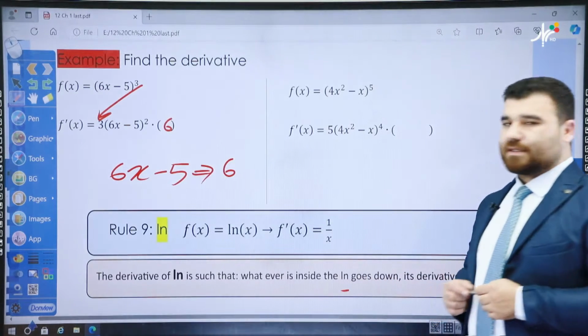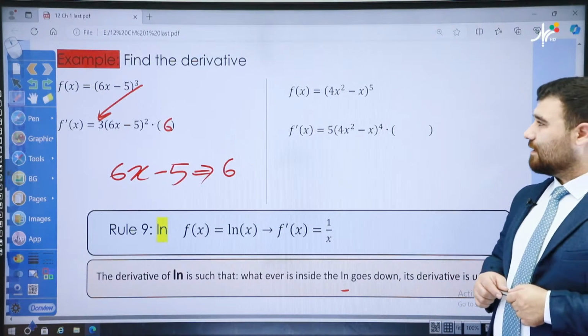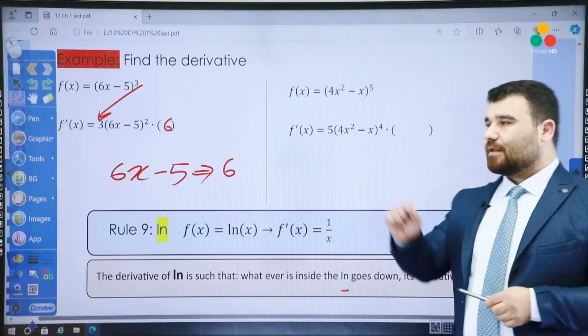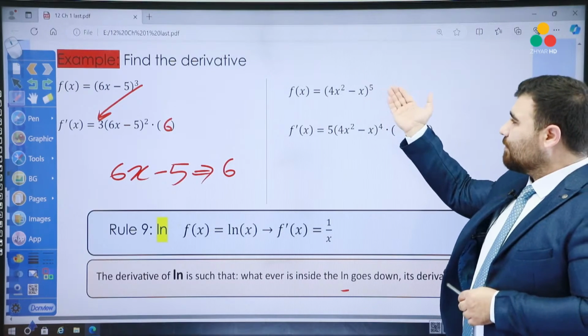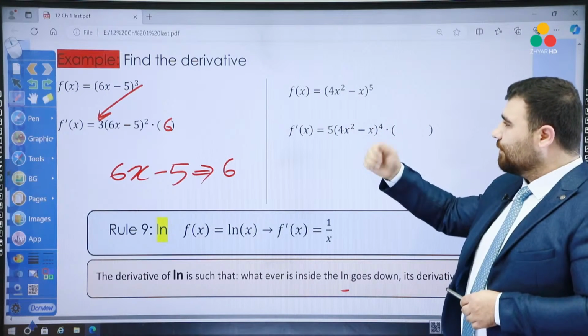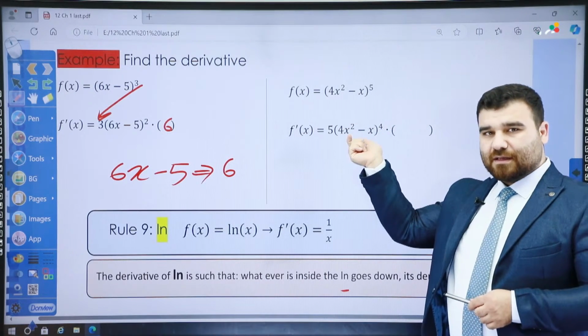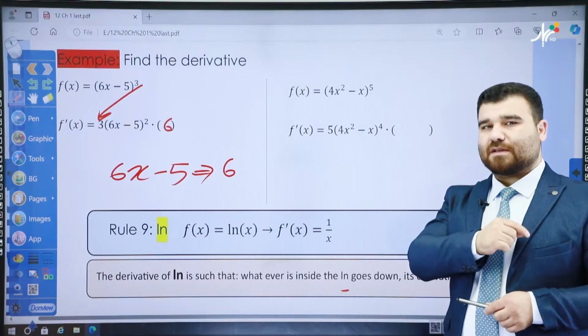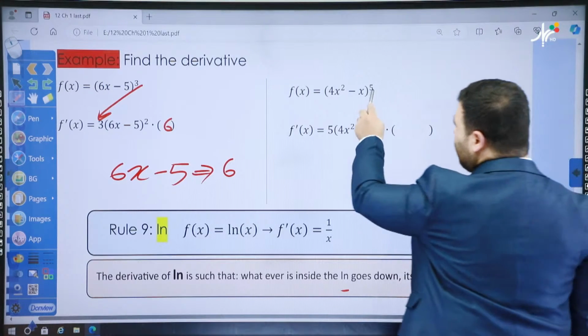Here, f(x) equal to 4x squared minus x, all power 5. Since there is a bracket with power, we use the rule of bracket with power. Power goes to the front, bracket as it is, power minus 1, times the derivative of inside. For the derivative of inside, we don't care about the 5.